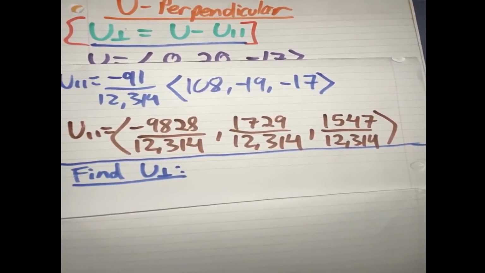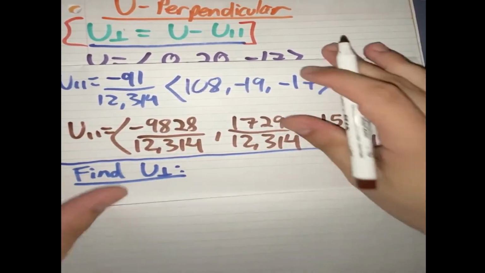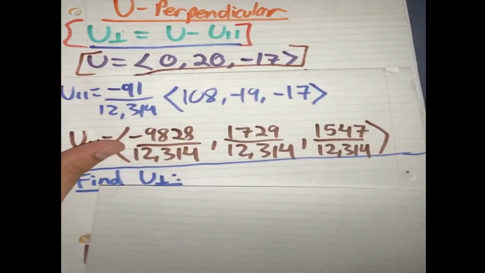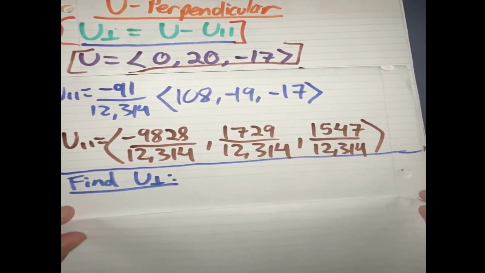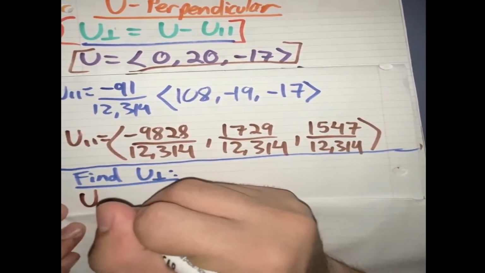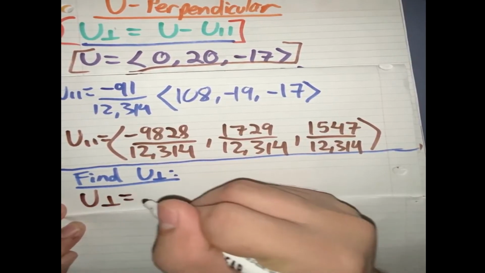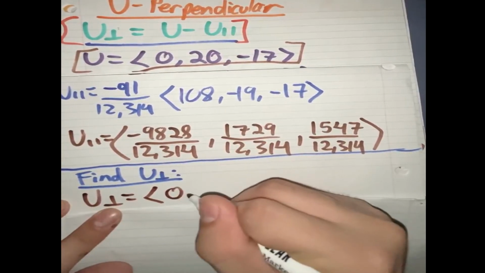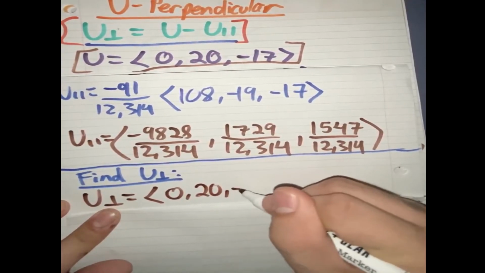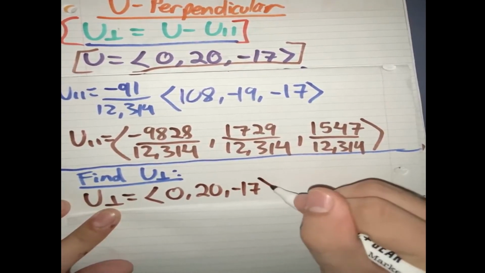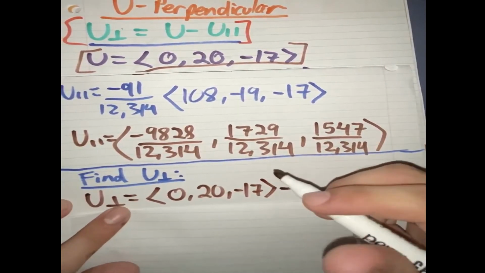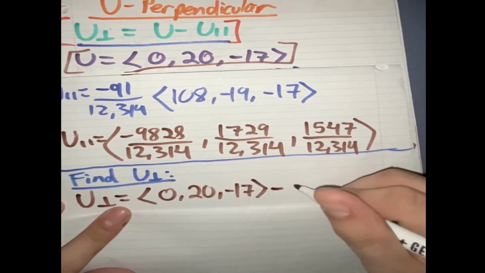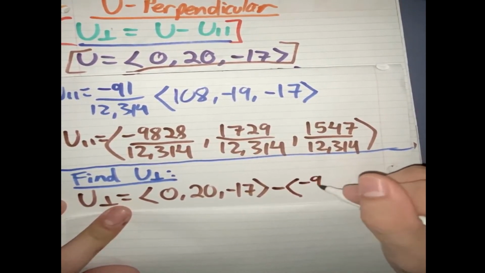So our u vector is this one right here. And we're gonna subtract it by u parallel. So u perpendicular is equal to our u vector, which is 0, 20, minus 17, minus our vector, that's u parallel. Our u parallel vector is those really big numbers that I'm not going to simplify for now.